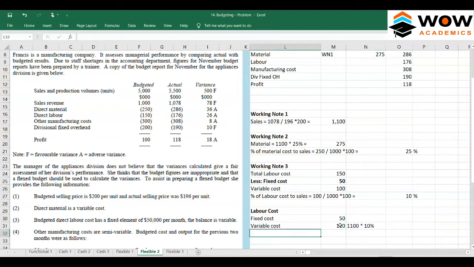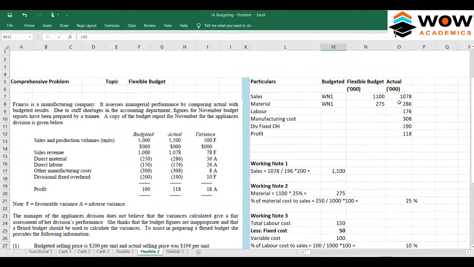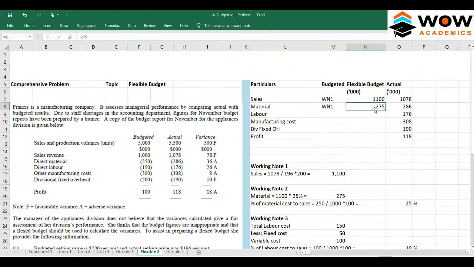Okay, 110. So the total labor cost would be 160. So this 160 you can take and put it here. So labor cost is 160.